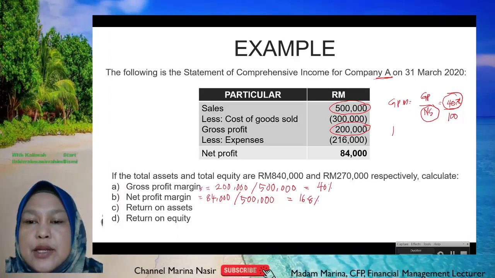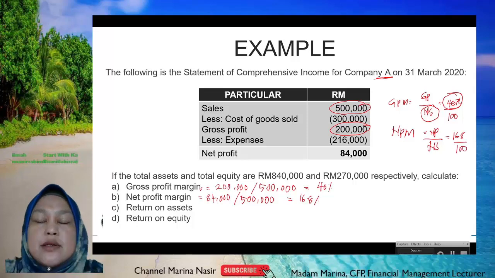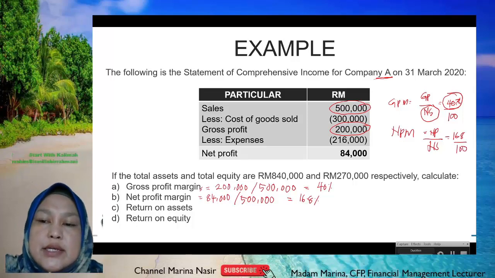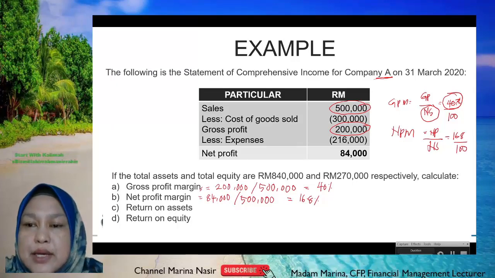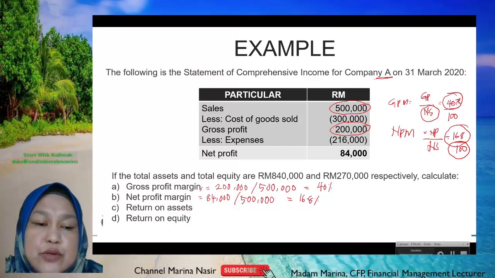For net profit margin, net profit divided by net sales. So 16.8 per 100. For every 100 ringgit of company A net sales, they can generate 16.8 cent net profit. Okay, that's how to interpret.